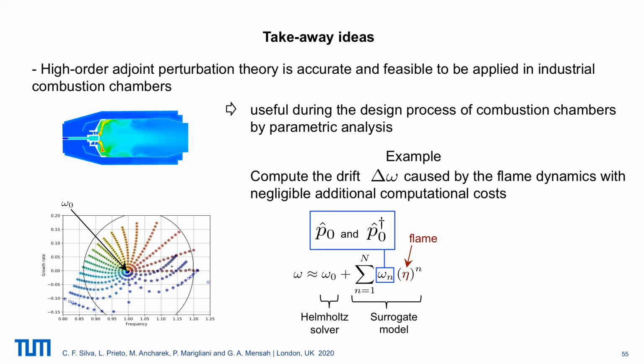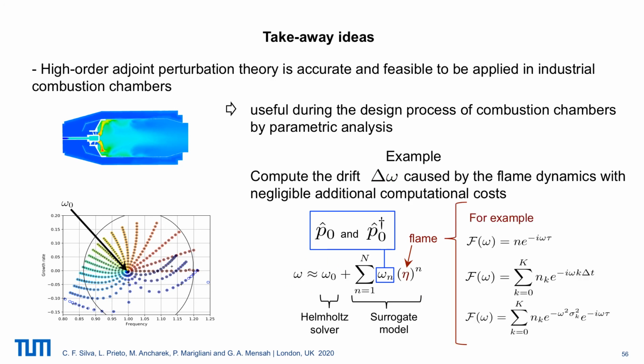And then from there we can use any flame response we want to consider this shift in the eigenfrequency, so the new eigenfrequency. We can use, for example, the end-to-end model. We can use distributed time lag models without needing to compute the coefficients again. This is done only once.